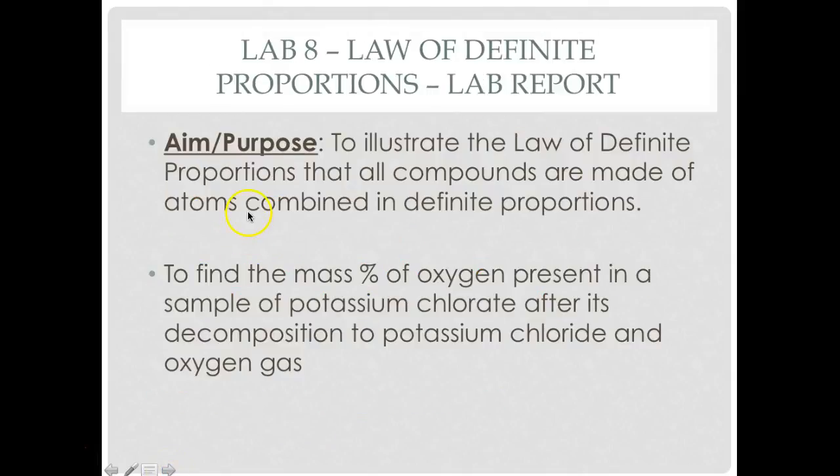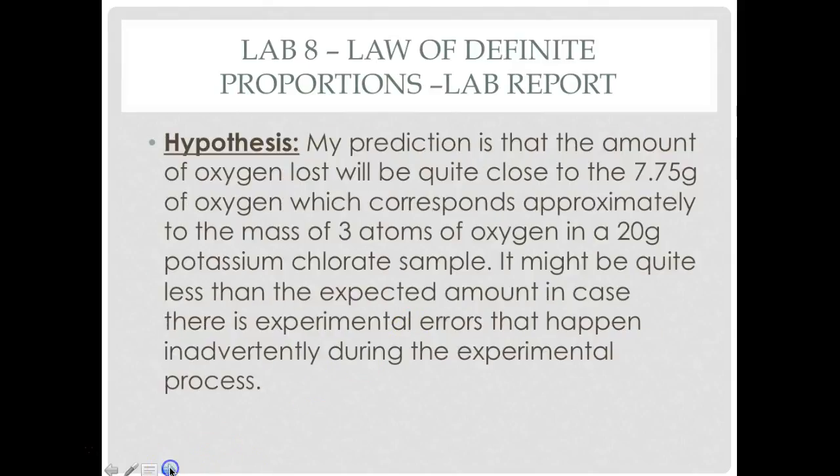So what was the aim of this? The aim was to illustrate the law of definite proportion and to find the percentage of mass of oxygen in my 20-gram sample of potassium chlorate, after breaking it down or decomposing it to potassium chloride and oxygen gas.